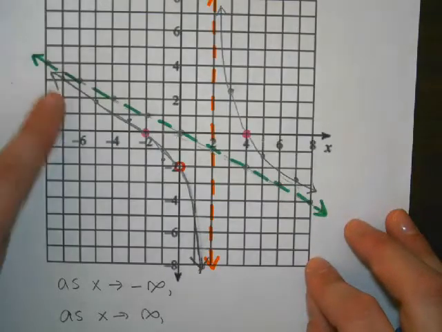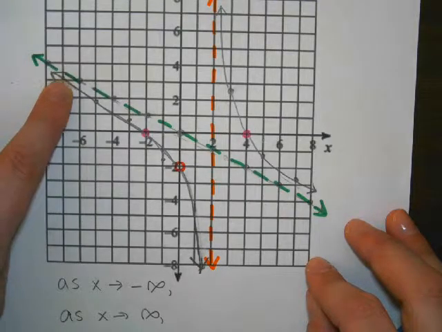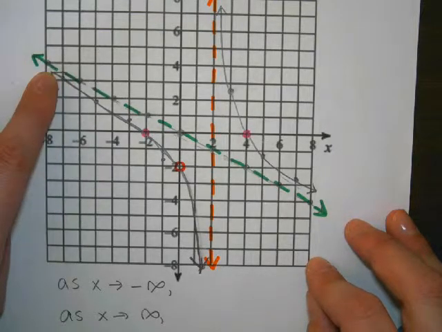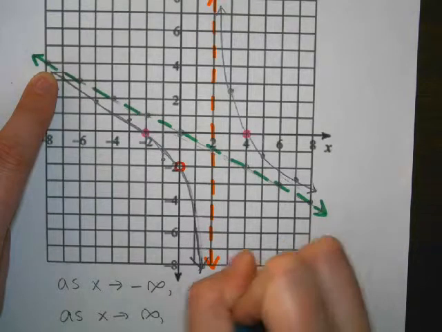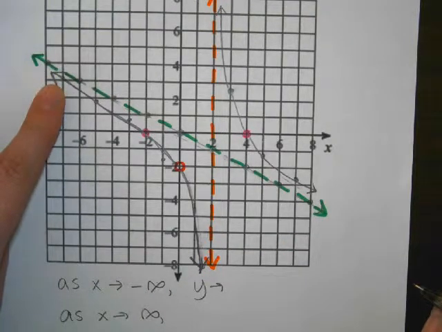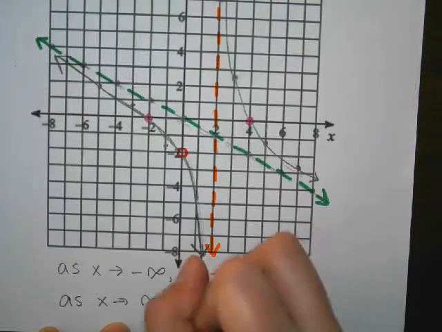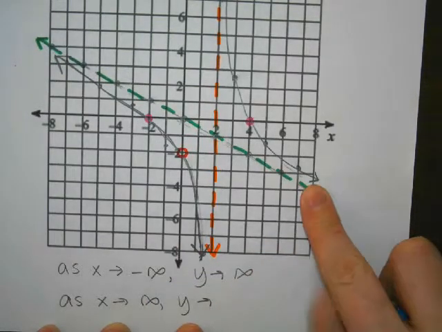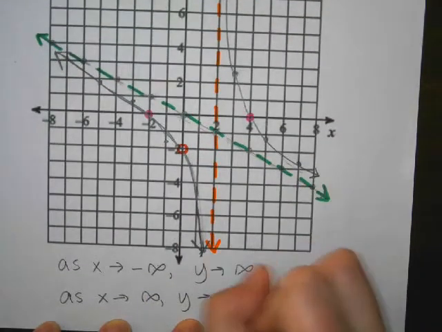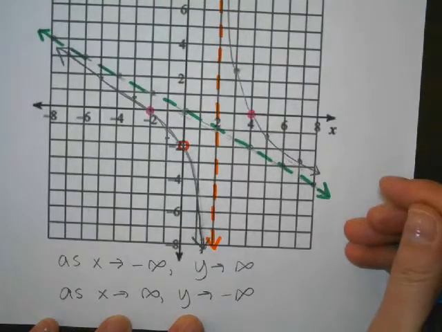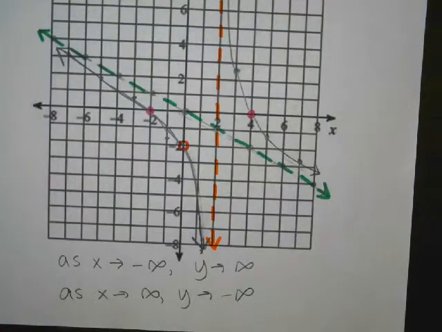So as we look at the left side, the x is going left. The y value of the graph is doing what? It's going up, positive infinity. As x goes to the right, the y value of the graph is going down, so it's going to negative infinity. Okay, so there's our end behavior.